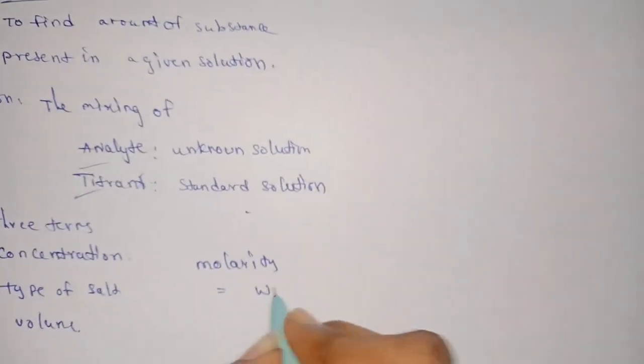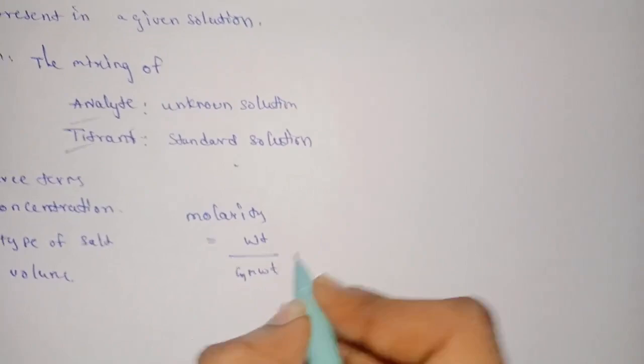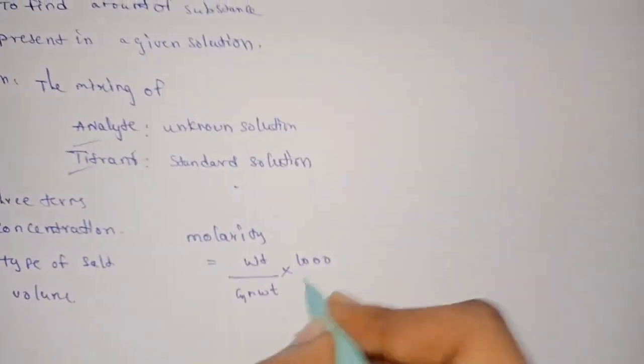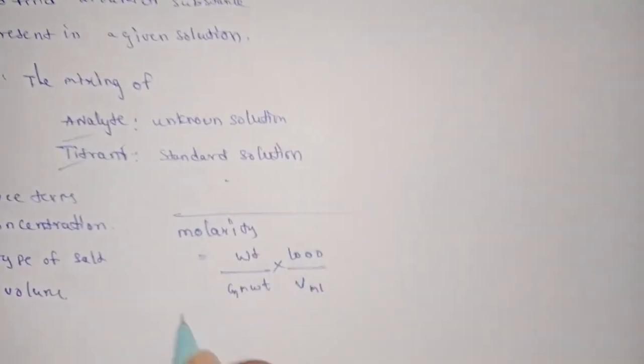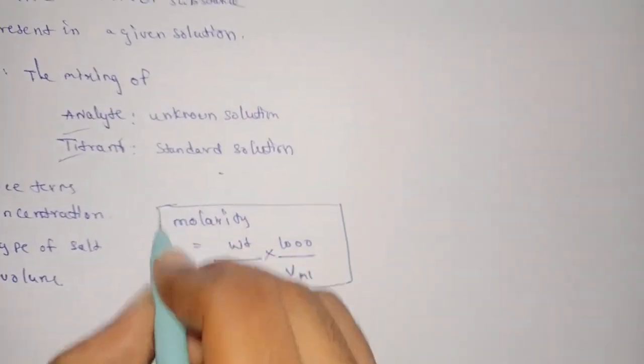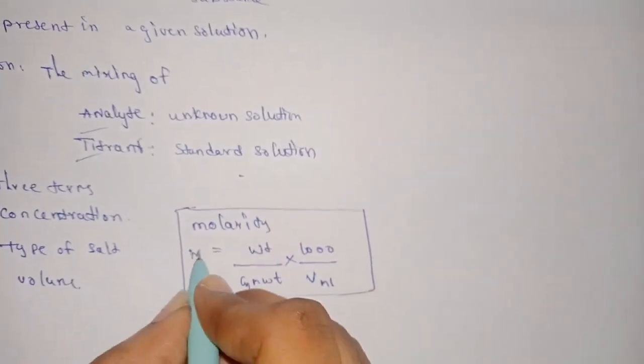Molarity equals weight by gram molecular weight into 1000 by volume in ml. From this, molarity means the concentration.